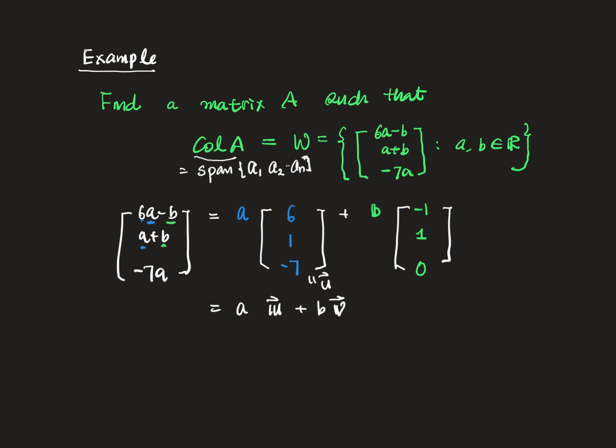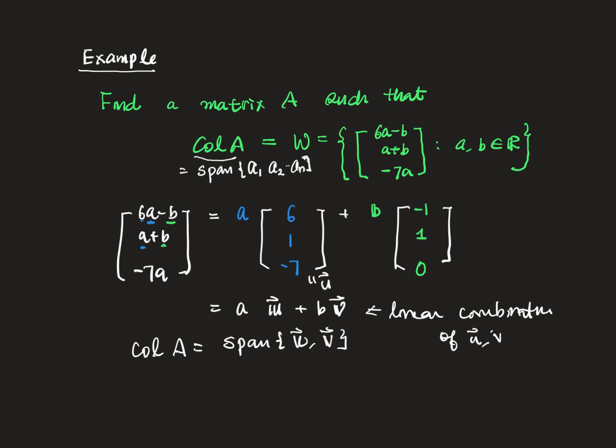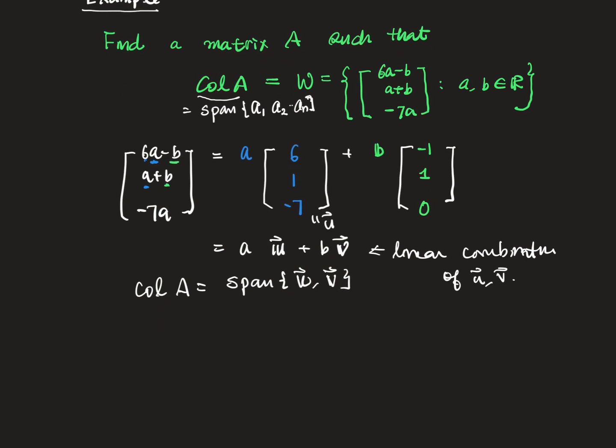Everything make sense? So I'm going to say the column space of A is the span of two vectors, the u vector and the v vector, because that's the linear combination of the u vector and v vector. So we're going to find the matrix A. The matrix A has columns u vector and v vector.